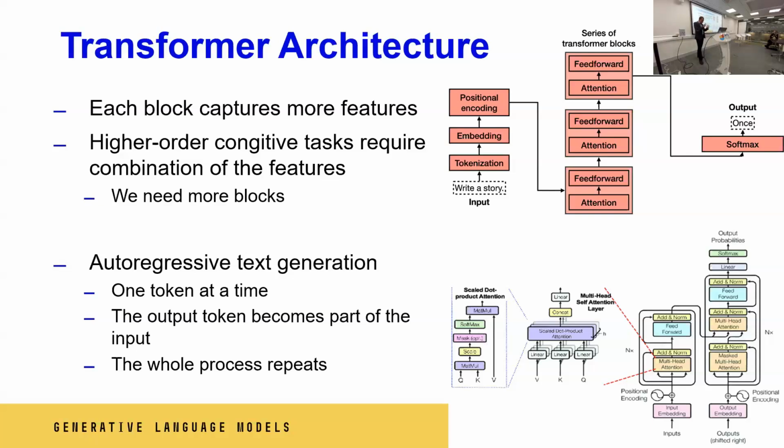But all this complicated structure is there just to answer the simple question: given the beginning of the sentence or given the previous context, what would be the next word? And it produces one token at a time.